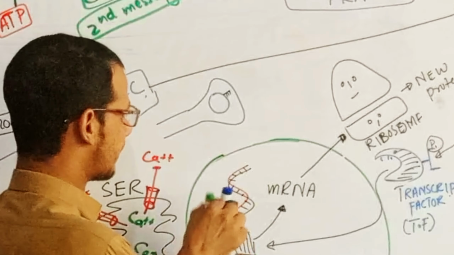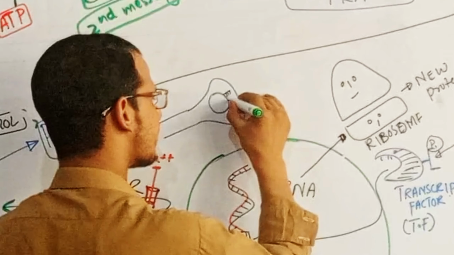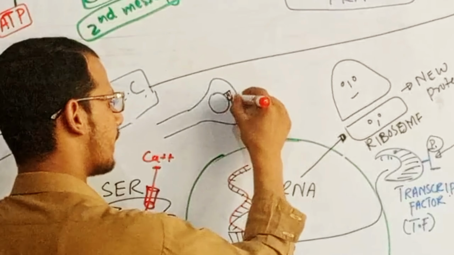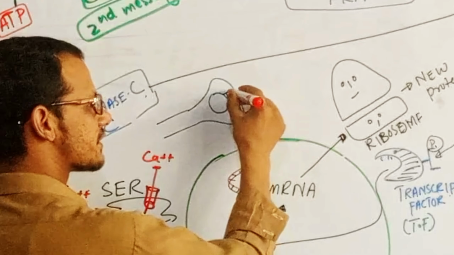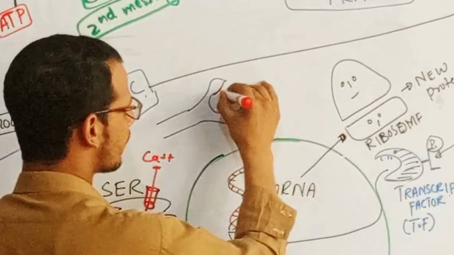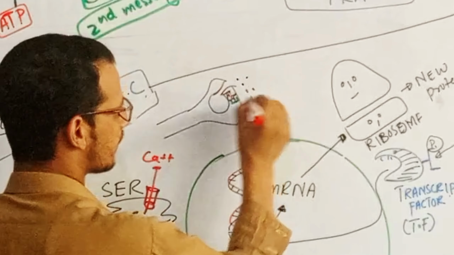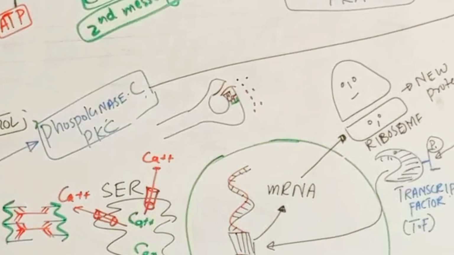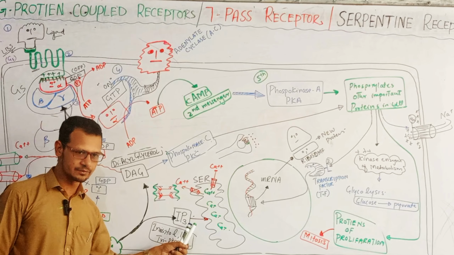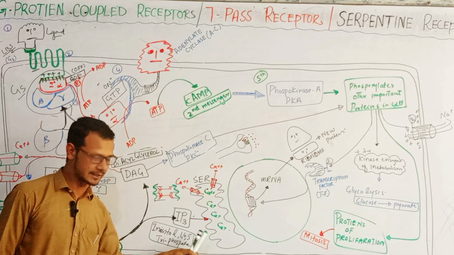And this membrane has T snares protein. This calcium is responsible for attachment of T snares and V snares and will perform the exocytosis of neurotransmitters in the synapse. So these are the functions of IP3, inositol 1,4,5 triphosphate.